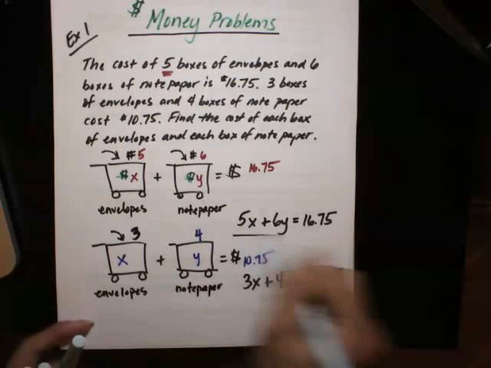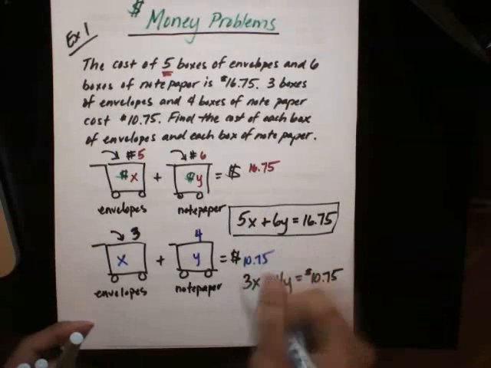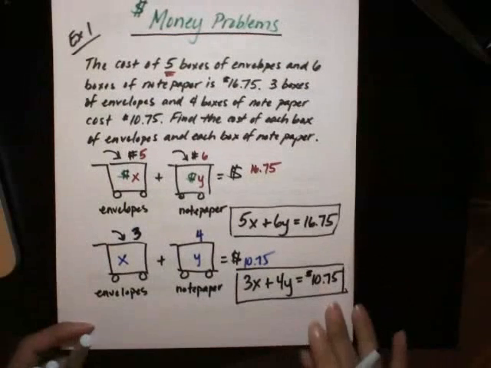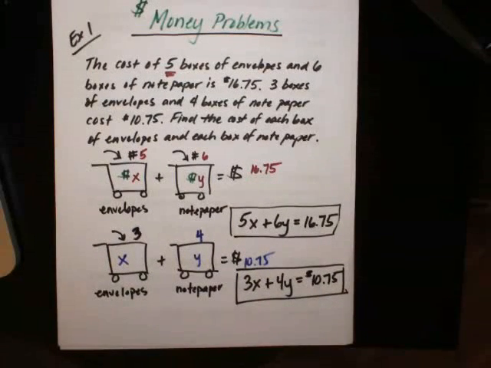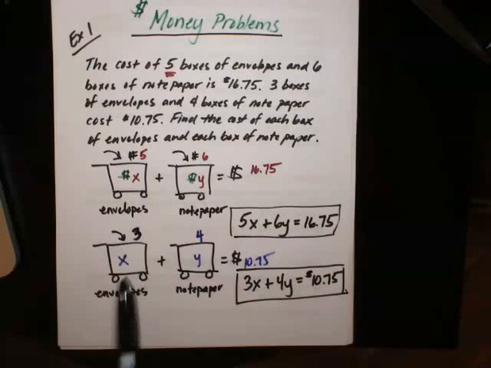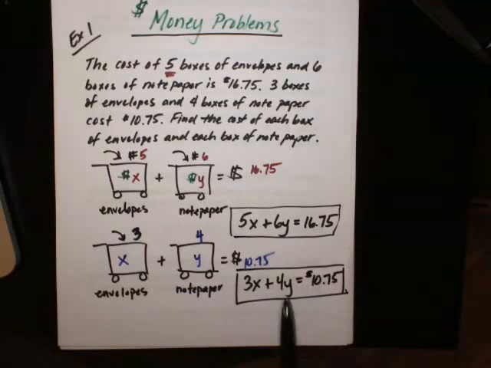What we have here is our system of equations, our two equations that we have in order to solve our two variables. X represents the cost of each box of envelopes, Y represents the cost of each box of notepaper.